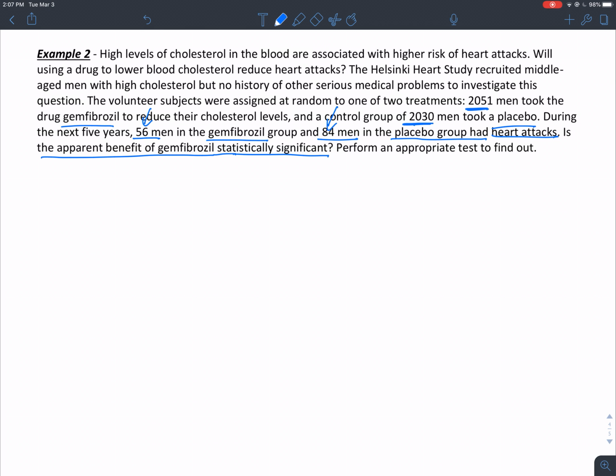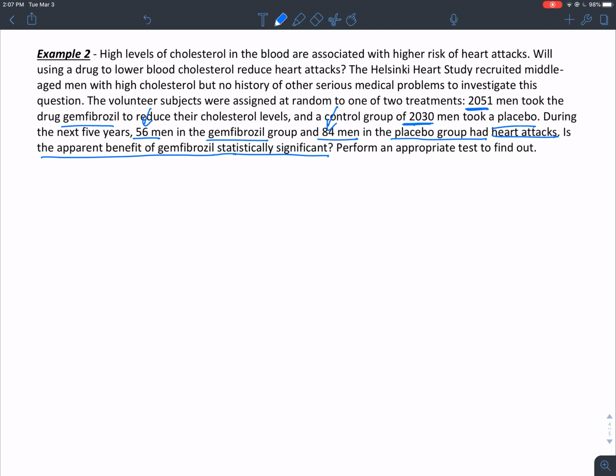There must be an influence by the drug. The drug must be making the difference. It's not just by chance. It's statistically significant. There's a very small chance that this just happens randomly. Okay, that's what we want to check. So we do a test.